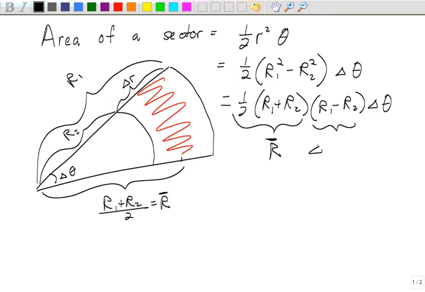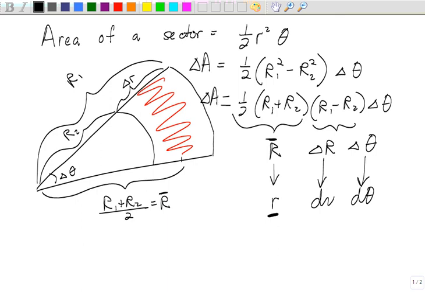This is the change in r, delta r, times delta theta. So this translates to the r, this translates to the dr, and this is the d theta. So there's where that extra r comes in when we integrate. We're going to say that this is delta A, the change in the area, so that translates to dA.